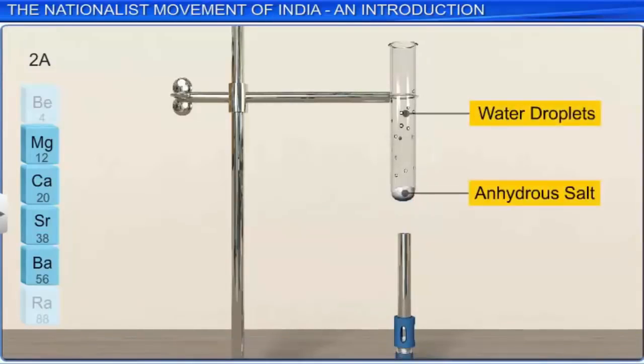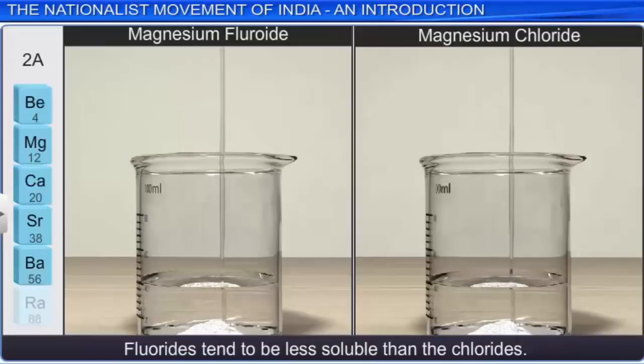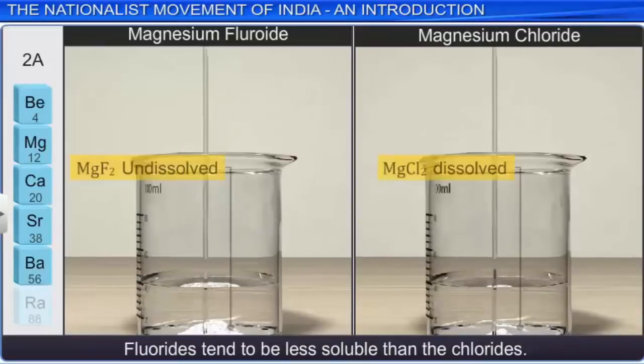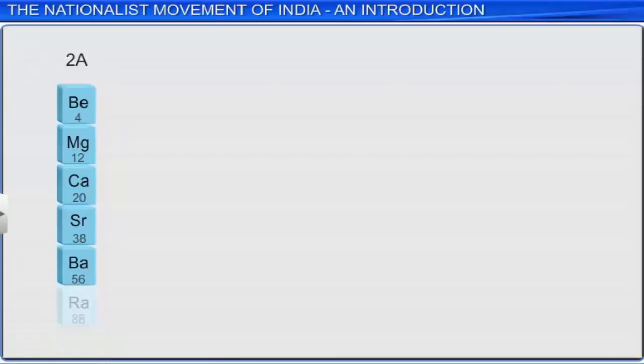These salts can be dehydrated upon heating, leaving anhydrous salts. It should be noted that beryllium and magnesium salts will undergo hydrolysis upon heating. Though, in general, the fluorides tend to be less soluble than the chlorides because of the higher lattice energies associated with the fluoride salts.